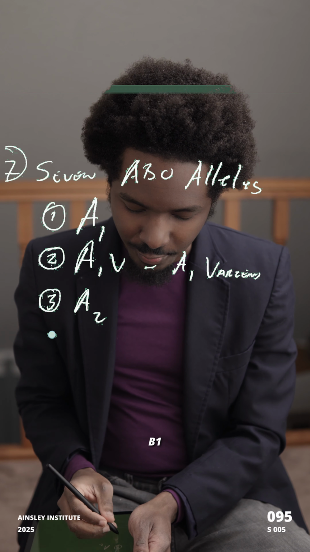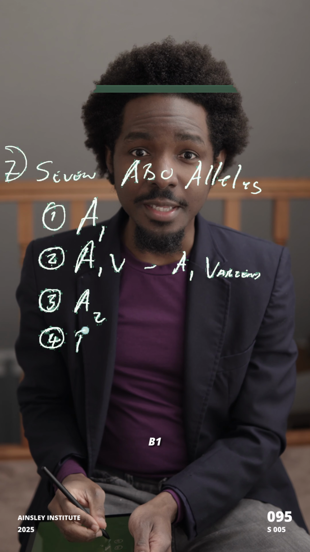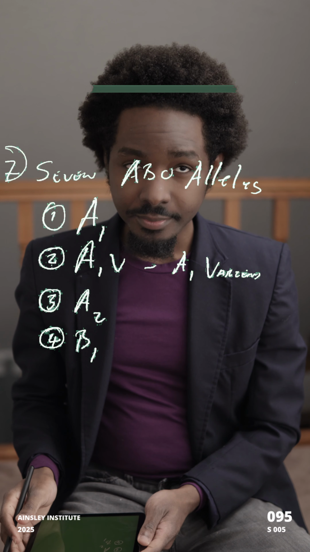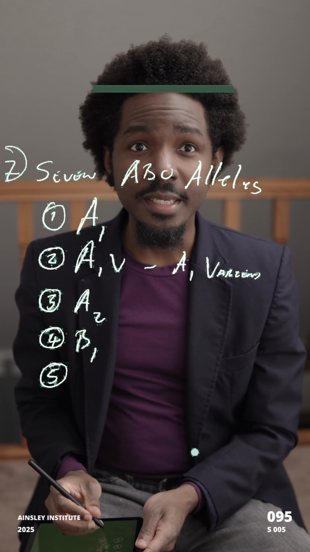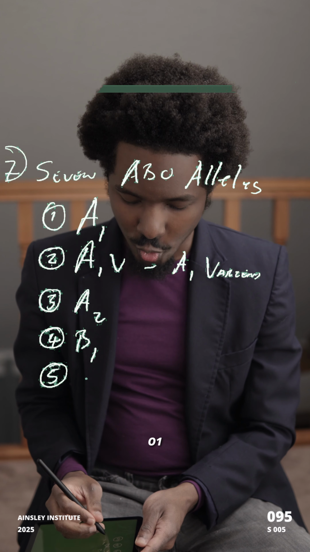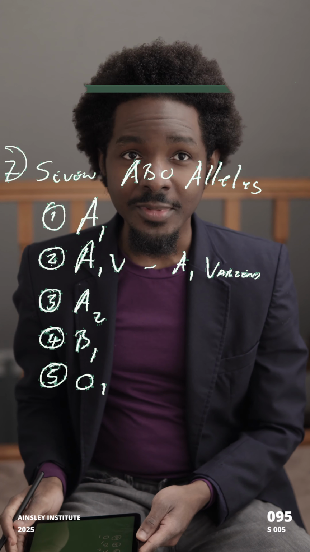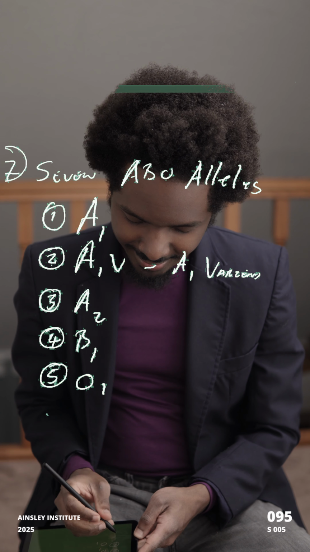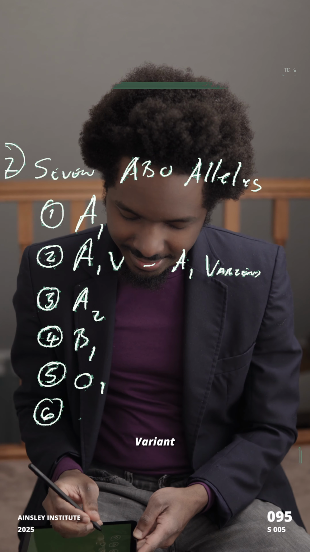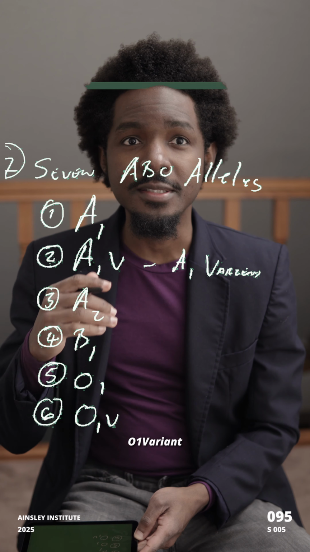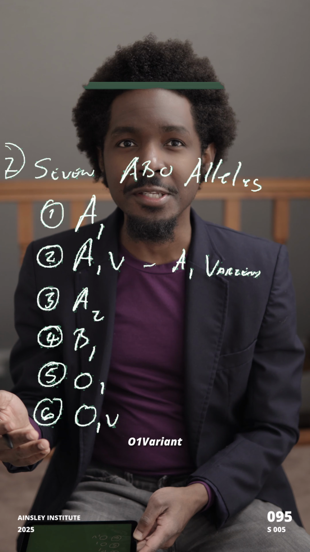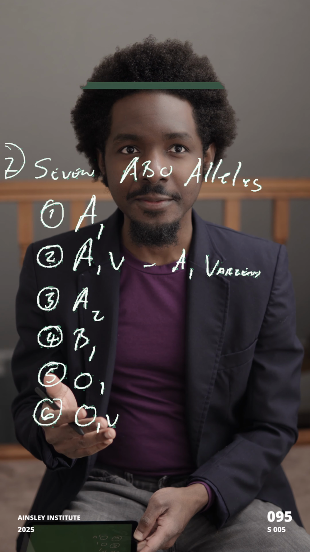The next one, number 4, is going to be the B1. Then number 5 is the O1. Yes, and number 6, guess what? We have a variant again, so it's going to be O1V because it is the O1 variant.